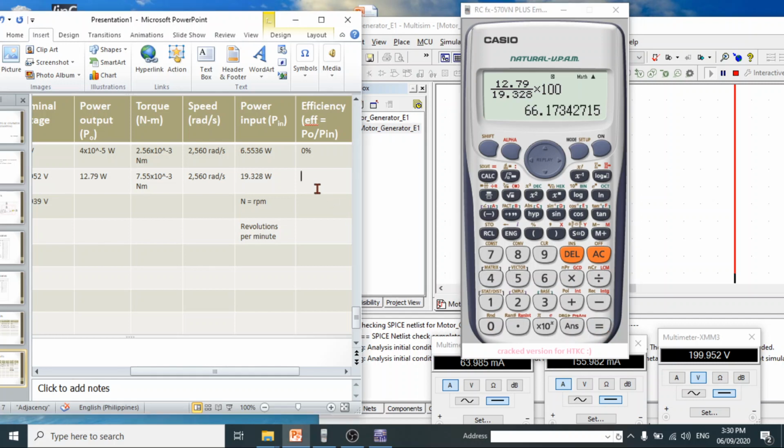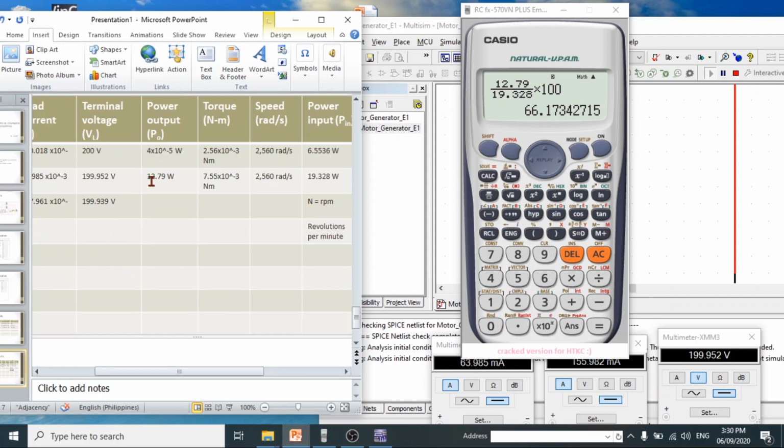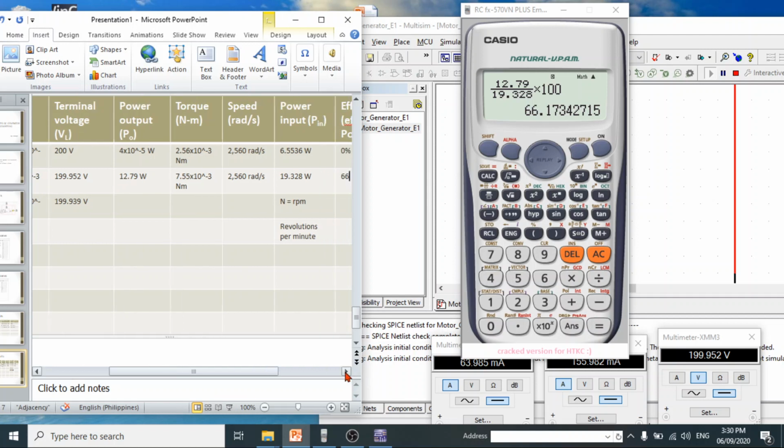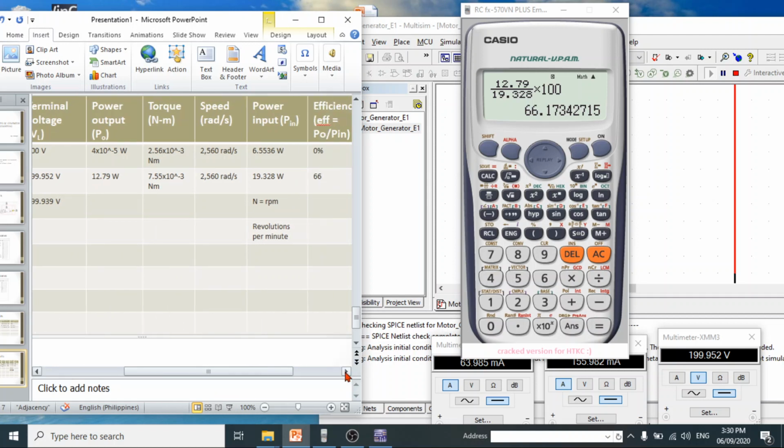So the efficiency of the generator when delivering a power output of 12.79 watts is equal to 66.17%.